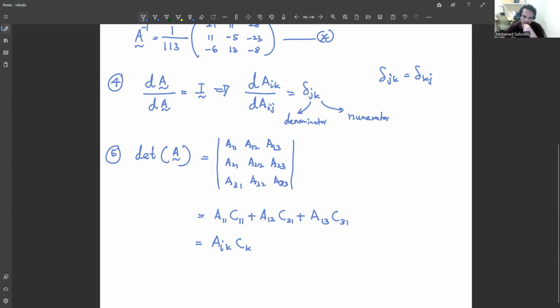It should be a scalar, right? So therefore all must be repeated indices, right?